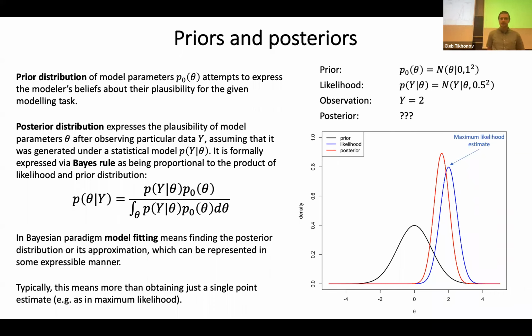It can be formally expressed via the so-called Bayes rule as being proportional to the product of likelihood and prior distribution. And as you can see in the equation, it's divided by the integral, which stands in the denominator. This integral is the so-called normalizing constant of the posterior, and it comes in due to the fact that since we're talking about distributions, they have to sum up to 1 over all potential values of parameters.